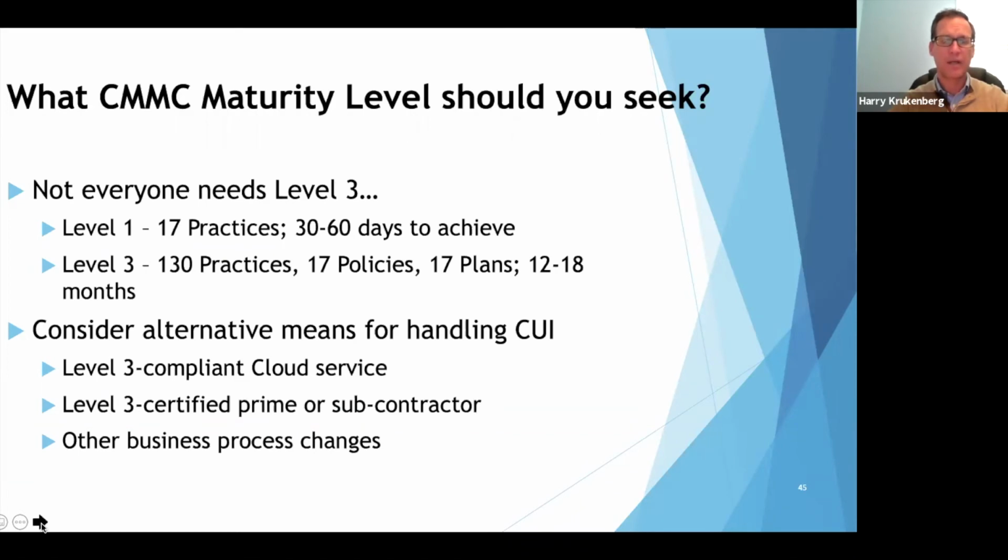So that's another way. There are also a variety of business process changes that are likely to be unique to the given organization's current business practices that could come into play and cause you to only require level 1 as opposed to level 3.